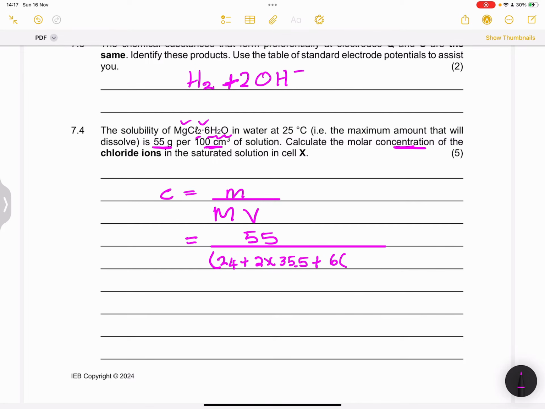So this is plus 6 times. H2 is 2 times 1 plus. In this case, we've got O, which is 16. Right, and remember all of this is multiplied by the volume, and our volume is in cubic centimeters. We need to get it to cubic decimeters, so that is multiplied by 0.1.